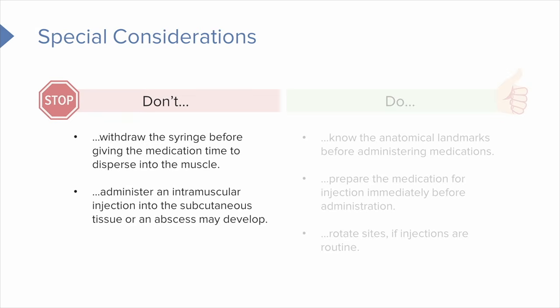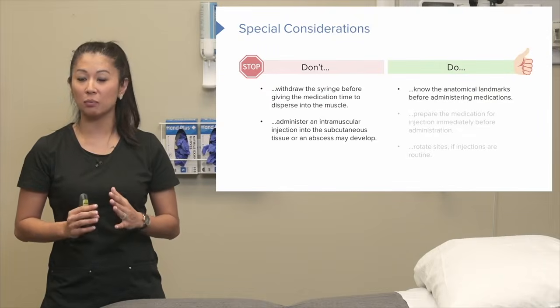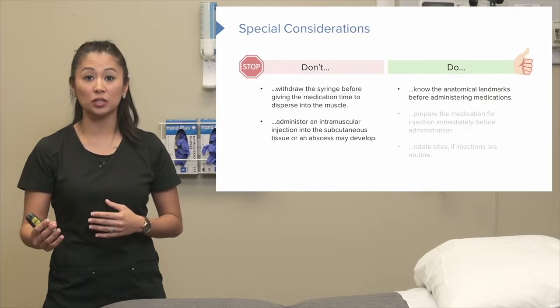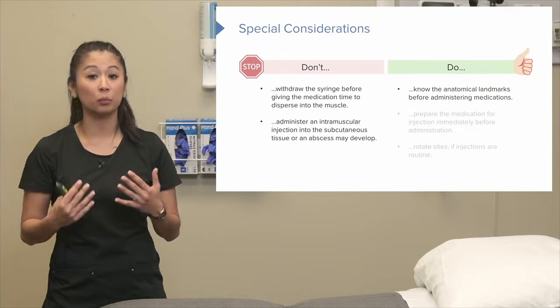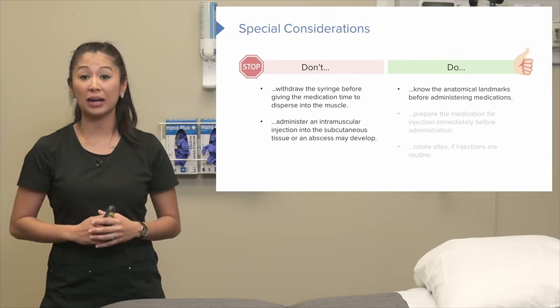And this is partly important in regards to our needle gauge and our size and length for our patient. Now, things to make sure we do when we do an intramuscular injection is know those anatomical landmarks. That's really important as a nurse and a nursing student, because if we don't give those appropriately, it can really cause damage to our patient and really cause pain and discomfort and further complications.